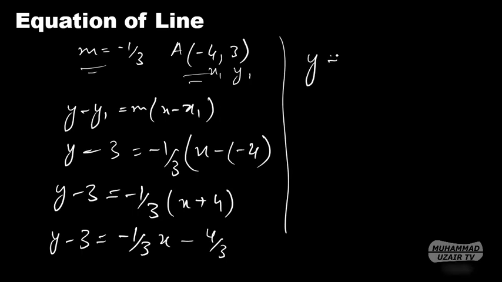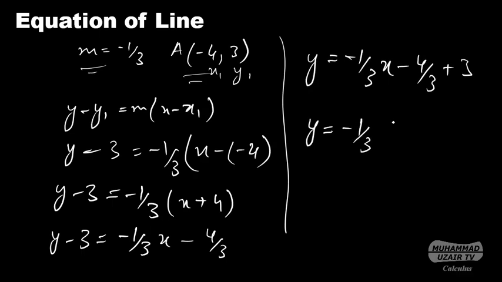So y is equal to minus 1 over 3 x minus 4 divided by 3, plus 3. Y is equal to minus 1 over 3 x, LCM 3, minus 4 plus 9 divided by 3.